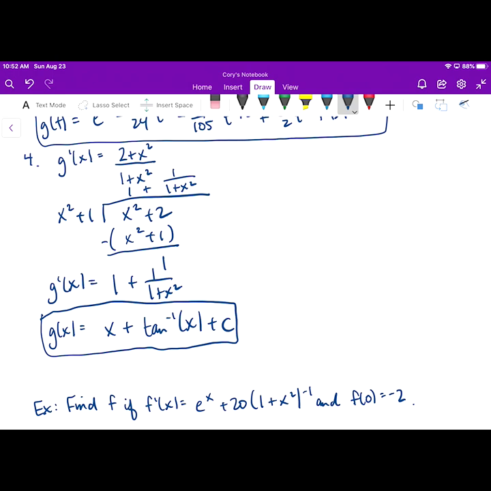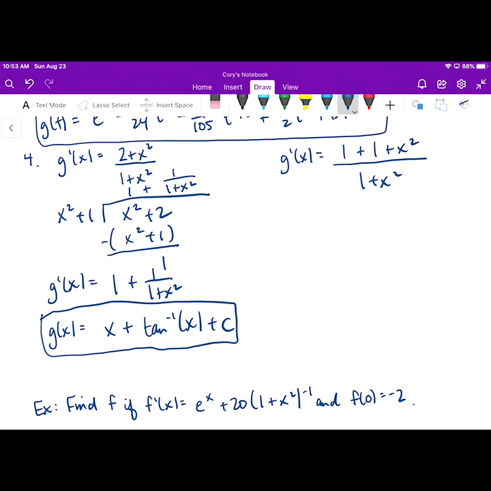Let me show you another approach that's even easier. What I can do in that numerator is rewrite the numerator 2 plus x squared as 1 plus 1 plus x squared, over 1 plus x squared.